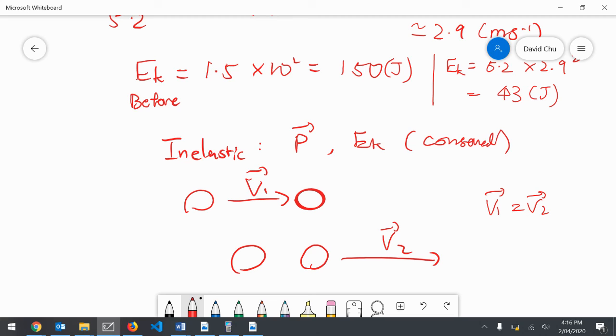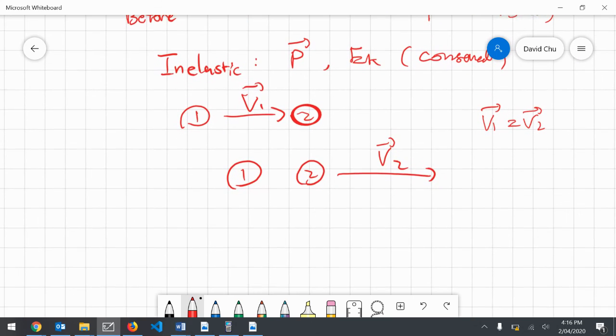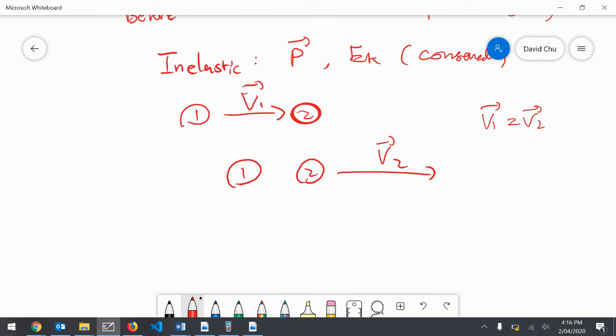After the collision, the first ball stops and the second one keeps moving at the same velocity. Because they have the same mass and v2 is the same as v1, you have both kinetic energy conservation and momentum conservation.